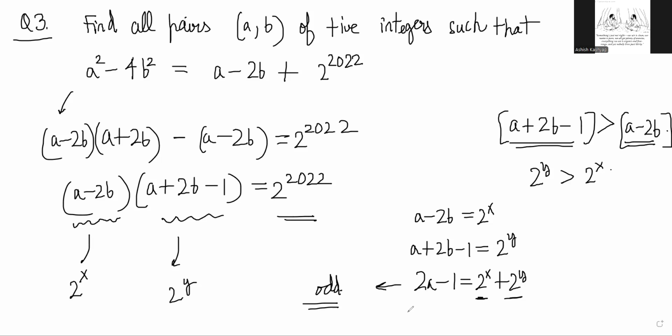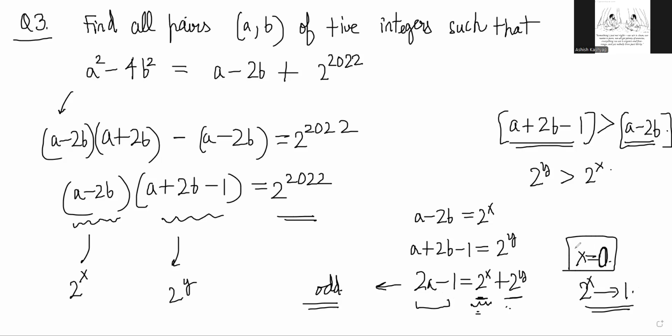So basically we'll put the smaller power as x. X must be 0 so that 2 power x becomes 1, right? If 2 power x does not become 1, it's the sum of two even numbers, so it cannot be equal to odd, right? So since the left hand side is odd, we are able to say that x is 0, right?